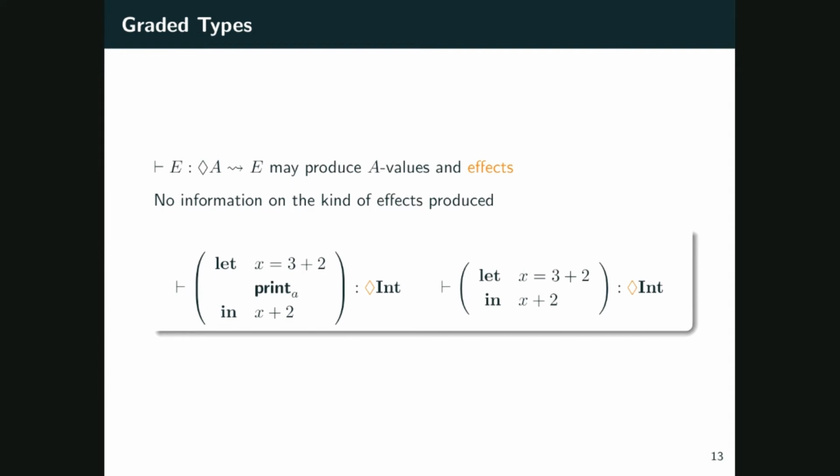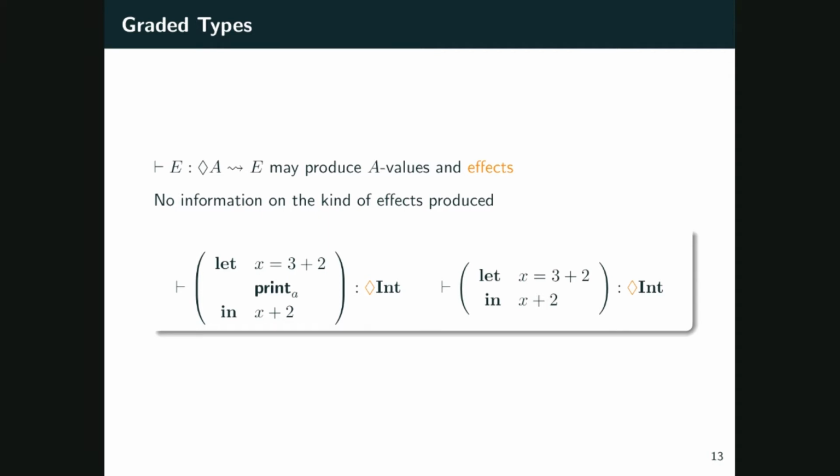Okay, so the distinction that we have at the type level between, let's say, value and computation actually simply tells us that a computation may produce effects, but gives no information on the kind of effects that may be produced. So, for instance, take a calculus with primitives for output, right?